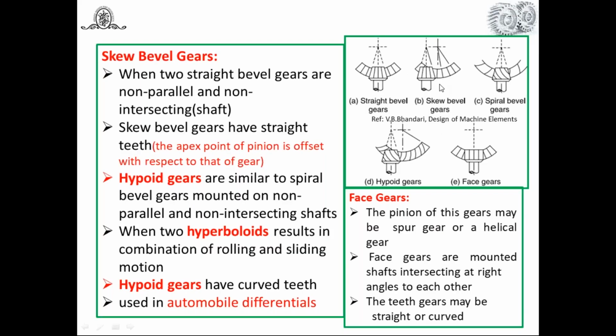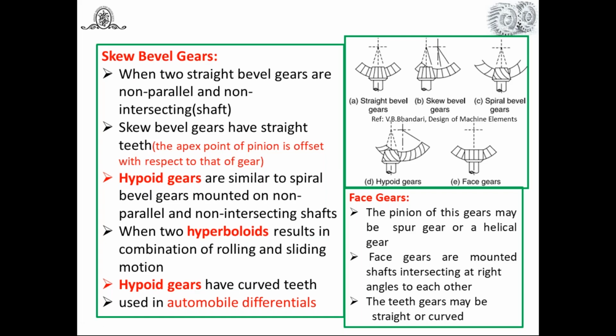It's a skew bevel gear. Okay, look at this here. Teeth of the bevel gear are straight, teeth of the pinion are straight, but here they are non-intersecting. Look at this. They are non-parallel, non-intersecting. This is the axis of the bevel, and this is the axis of the bevel gear, and this is the pinion. So in skew bevel gear, give attention here.